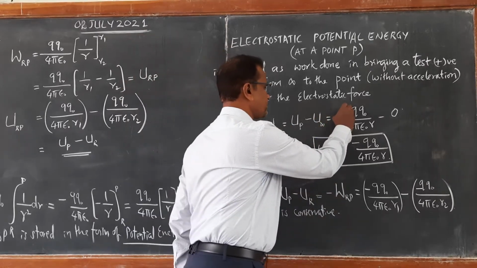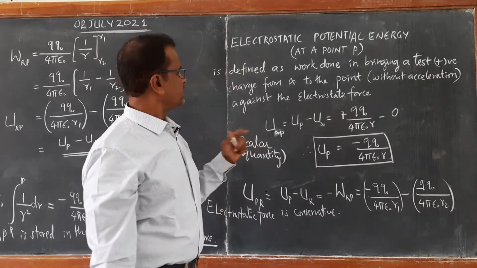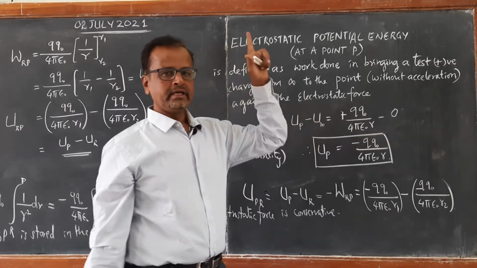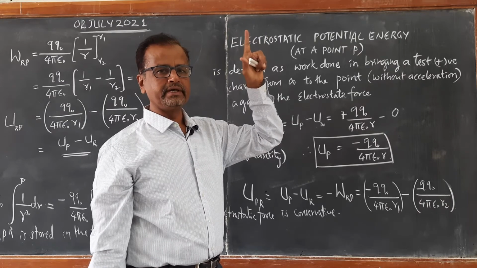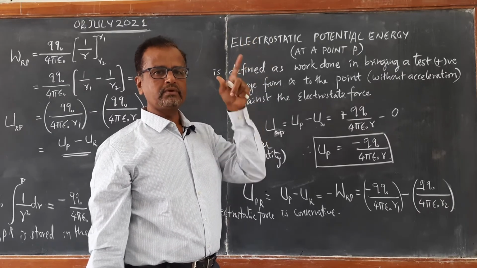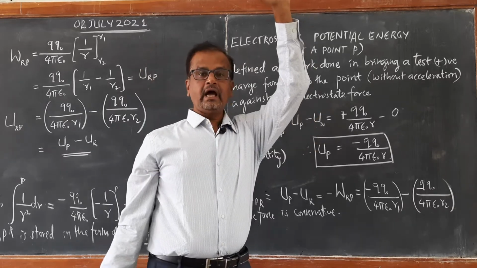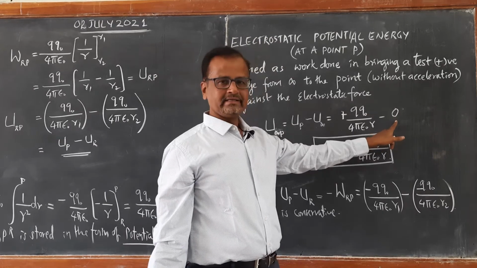UP is positive, as we have calculated earlier, minus U infinity. If you substitute R2 equal to infinity, 1 upon R2 becomes 1 upon infinity, which becomes 0. So, potential energy at infinity is 0. That is how we take 0.